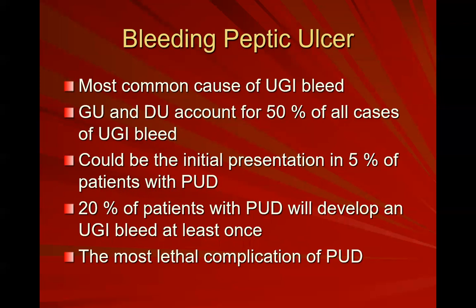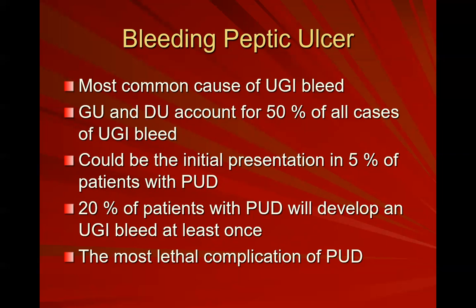Again, peptic ulcer disease is the most common cause, and we've addressed that in previous lectures. Usually the most common complication of peptic ulcer is what? It's bleeding, yes. So you have to put into consideration the following.